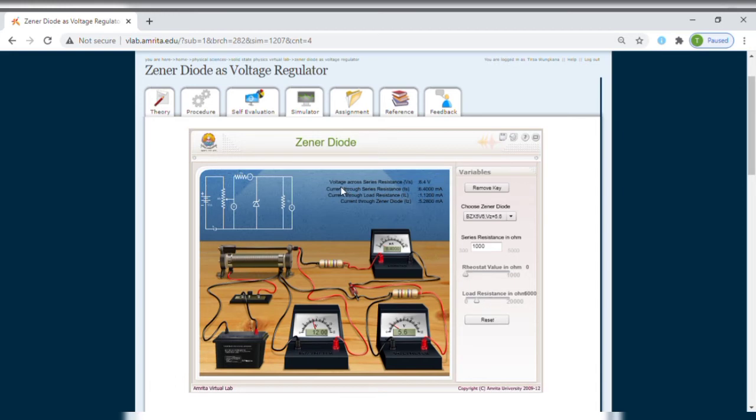As you can see here, voltage across series resistance, or VS, is 6.4 volt, and then the current through series resistance is 6.4000 milliampere, and the current through load resistance is 1.1200 milliampere, and the current through Zener diode is 5.2800 milliampere.